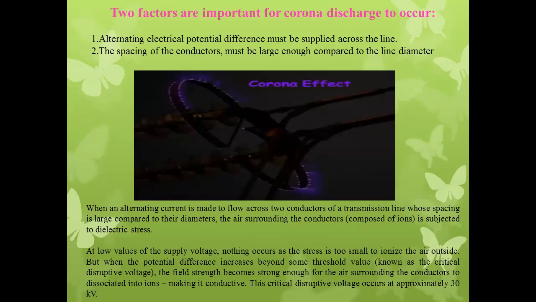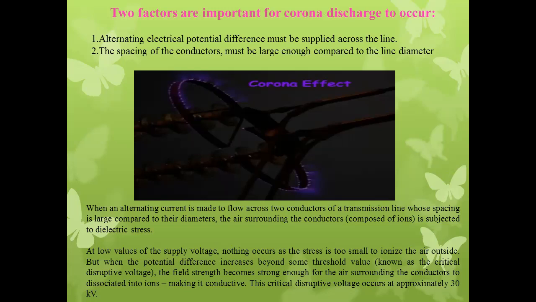Whenever it passes through the air medium, it produces a violet blue glow. That's why it causes the arc, and this arc causes a huge amount of electrical power loss because of the corona discharge.